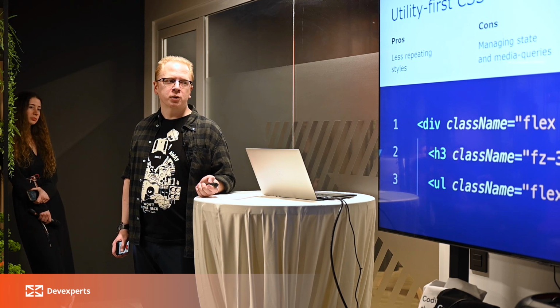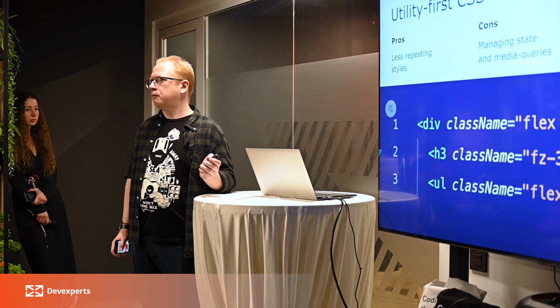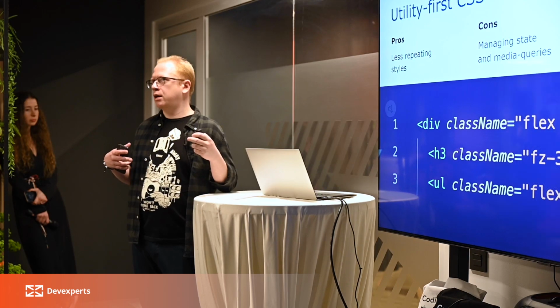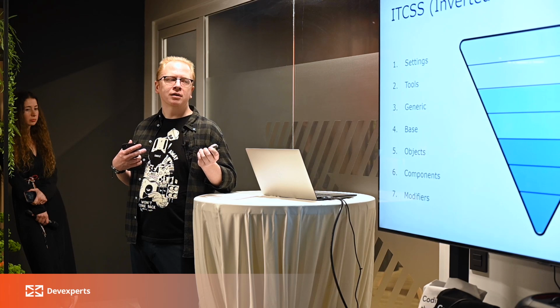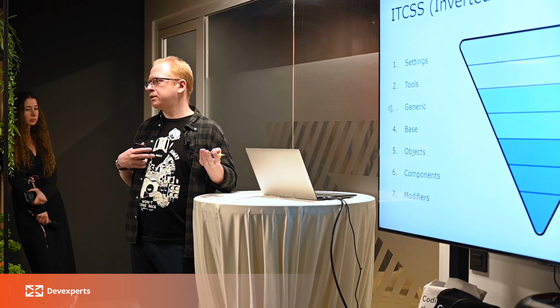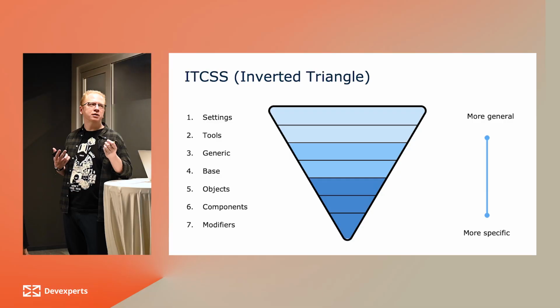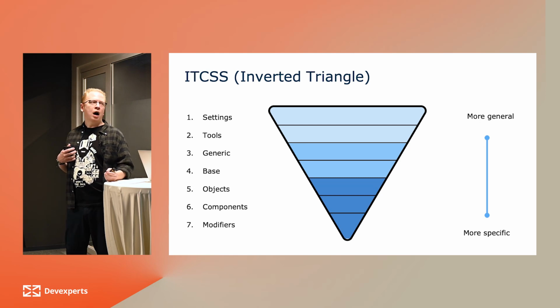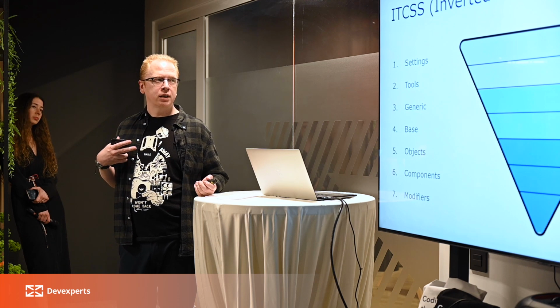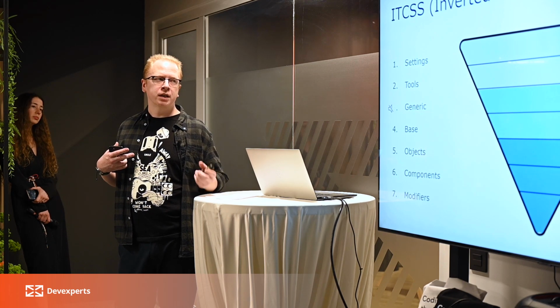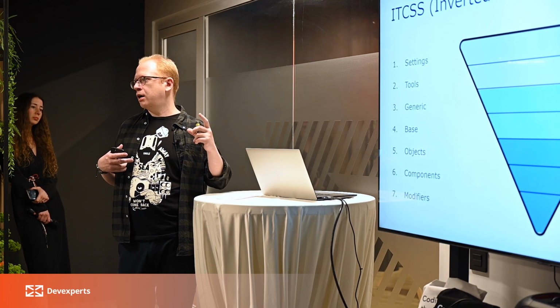And also, I would like to tell you about one CSS architecture convention. It's not that widely famous, but you still may have heard of it. It's called ITCSS. IT stands for inverted triangle. The idea behind this is that we layer our styles by context.